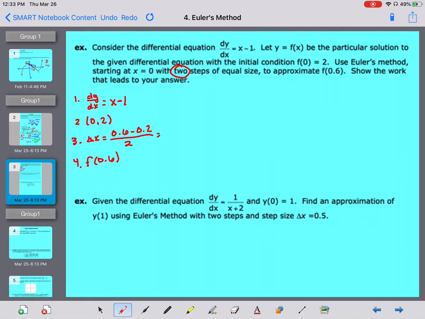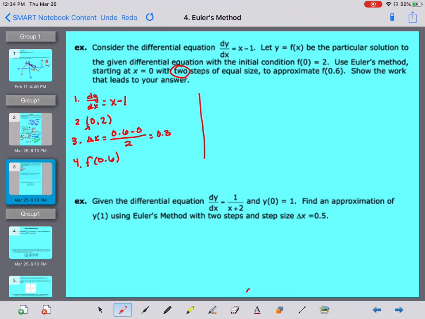So if I get that, 0.6 minus 0. Sorry, I don't know where I got that from. Let me go back to that. Sorry, our x value here is 0. So once I do that, I wind up getting that my change of x is 0.3.